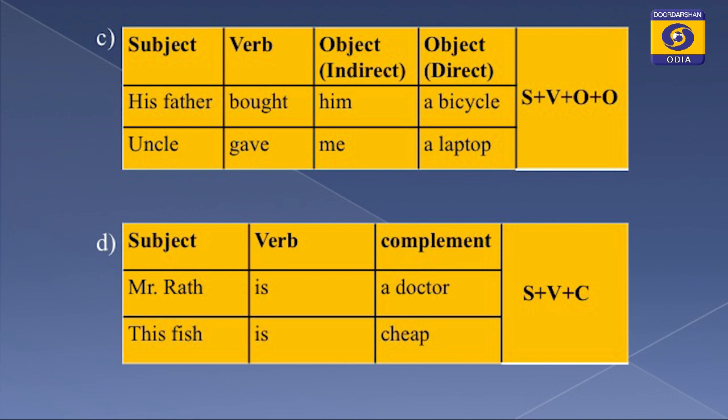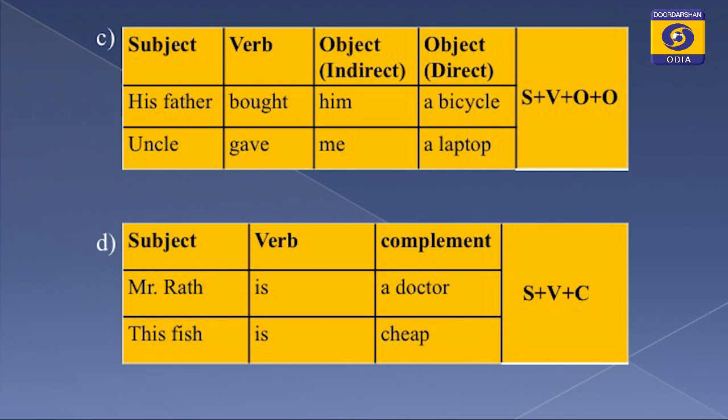Generally the noun speaks about the direct object, and a personal pronoun, him, is here the indirect object. If you ask a what question to the verb, you get the answer a bicycle. What did his father buy? A bicycle. So in his father bought him a bicycle, him is the indirect object.